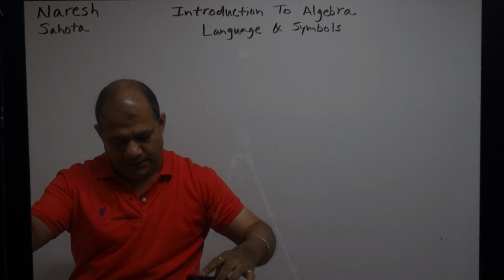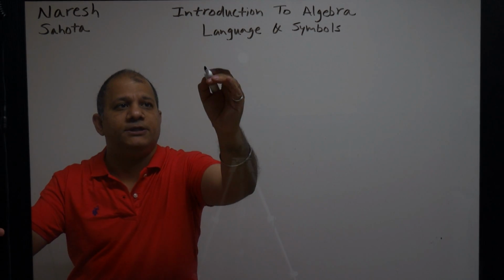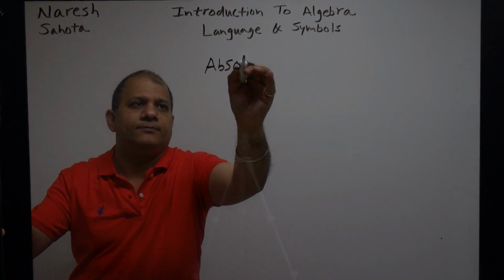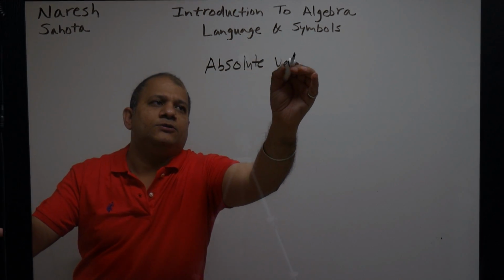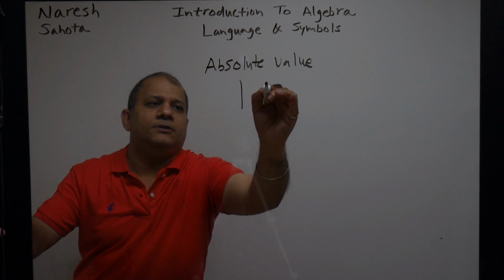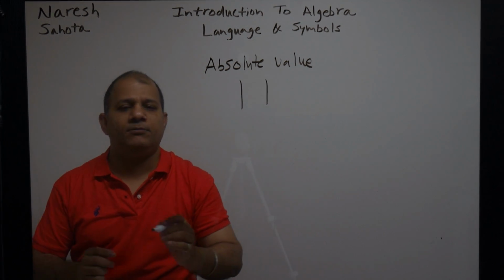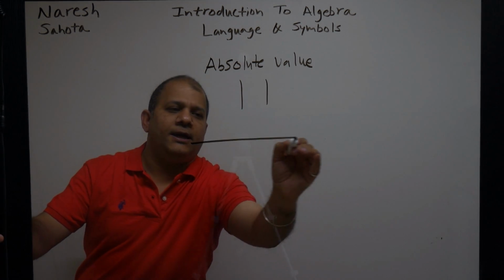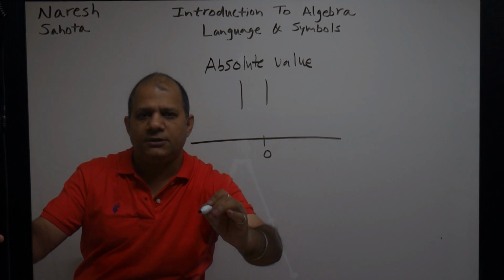Alright, the next thing I want to introduce is the absolute value. Absolute value is represented by these two vertical bars. So what's the concept here? To explain the concept, I'll use a number line.